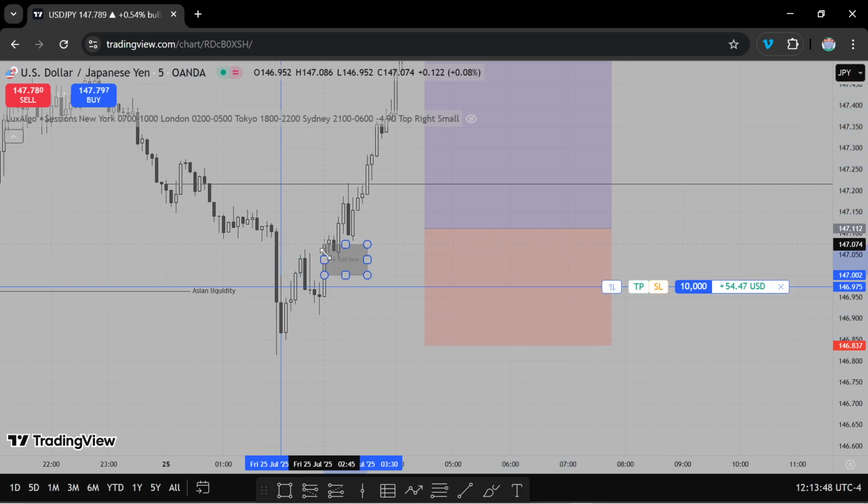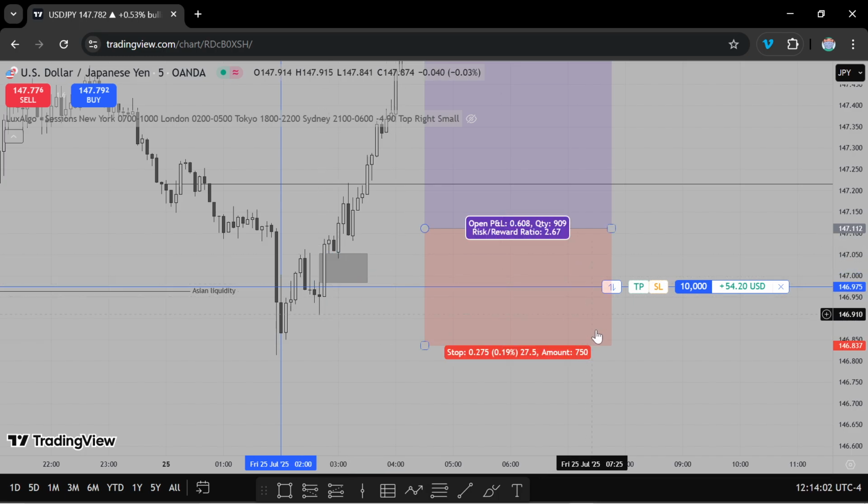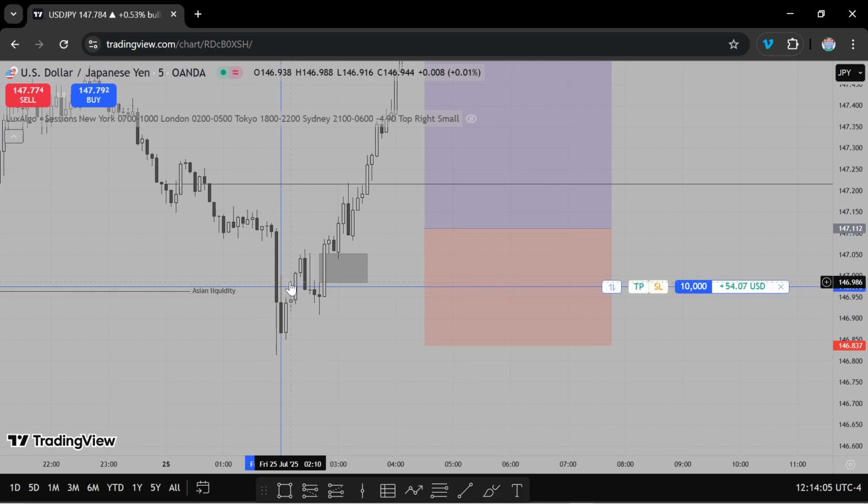And then for other guys that are more into ICT and whatnot, this guy right here would have been your perfect entry right there. So why not this fair value gap right here? I always wait for the second fair value gap in the direction that I'm willing to trade.